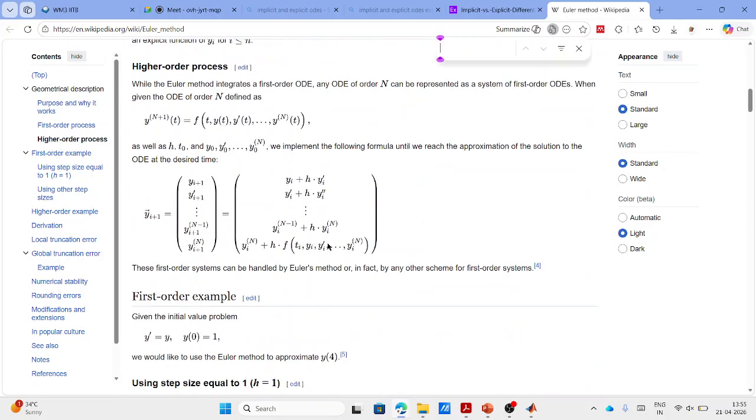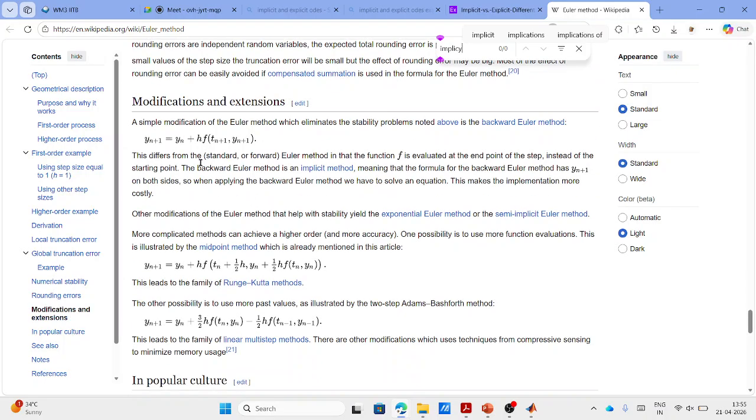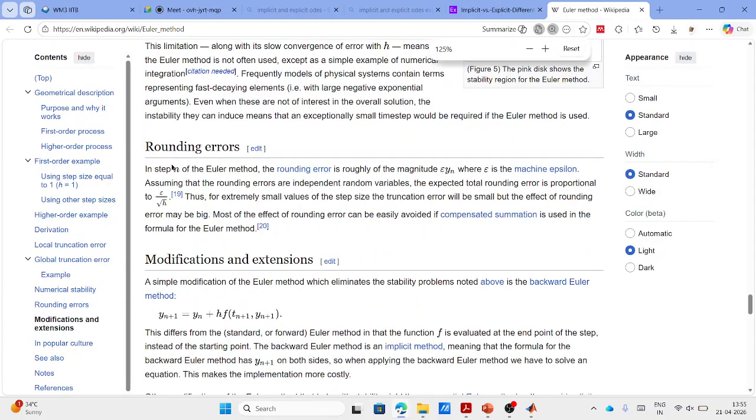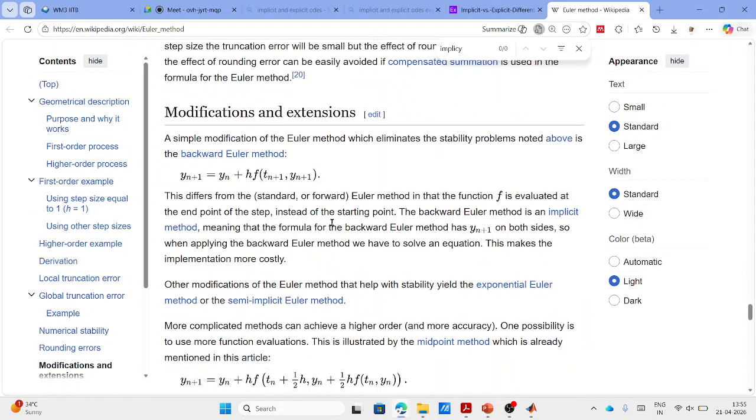There is also an implicit Euler's method. In the implicit method, yn plus 1 is given as yn plus h times, where h is your step size, into your derivative at tn plus 1 and yn plus 1.